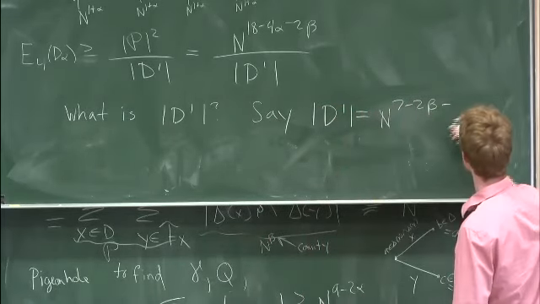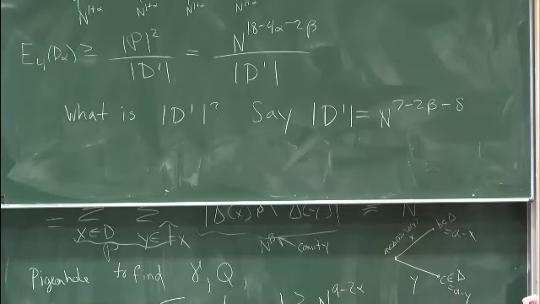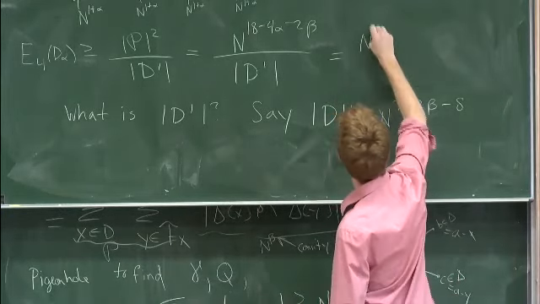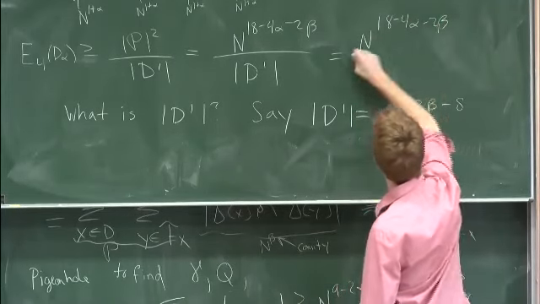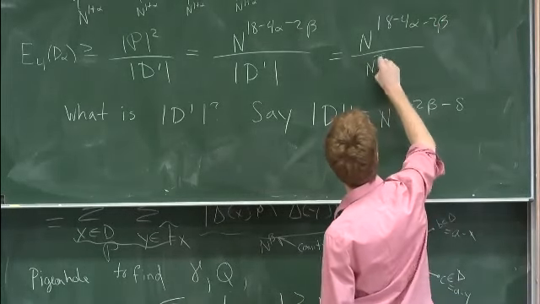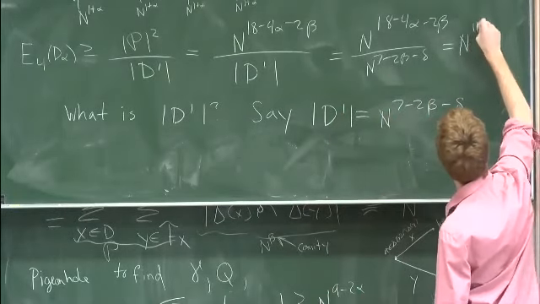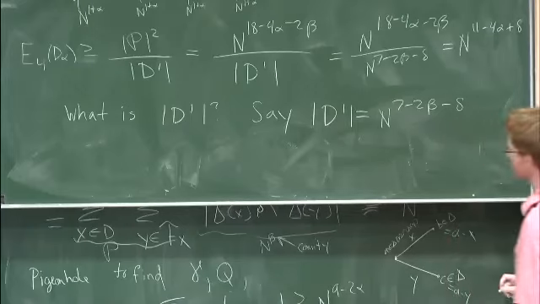So let's say it's equal to that plus, or maybe it's even a little bit smaller, some parameter delta. Then this is n to the 18 minus 4 alpha minus 2 beta divided by n to the 7 minus 2 beta minus delta. So this is n to the 11 minus 4 alpha plus delta.